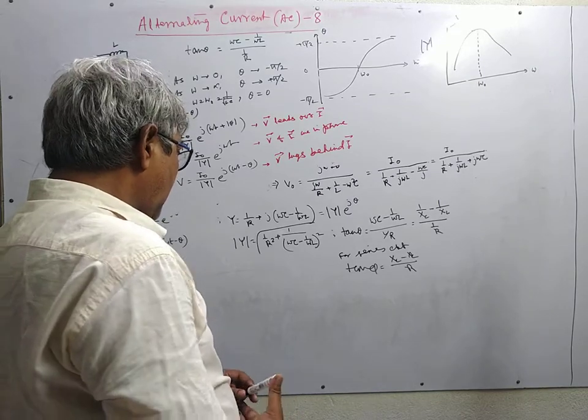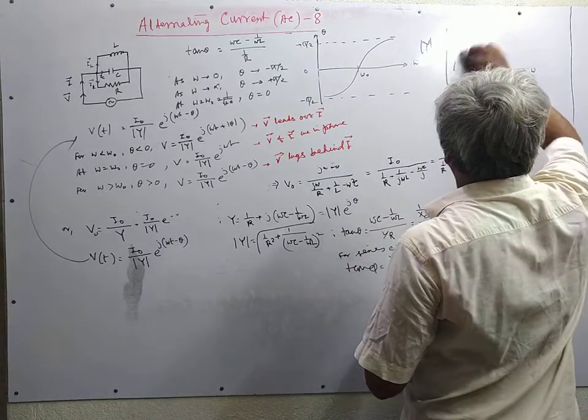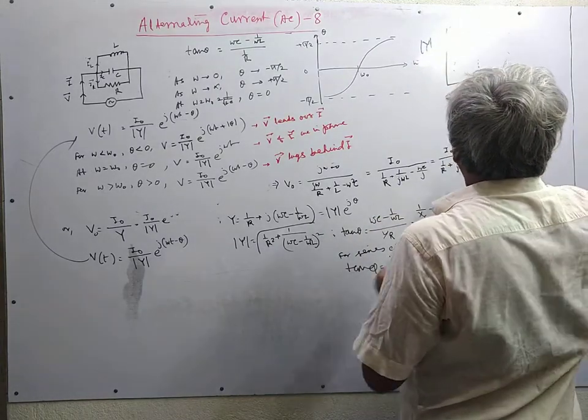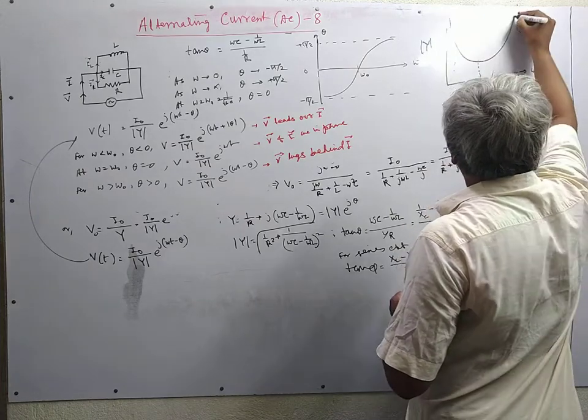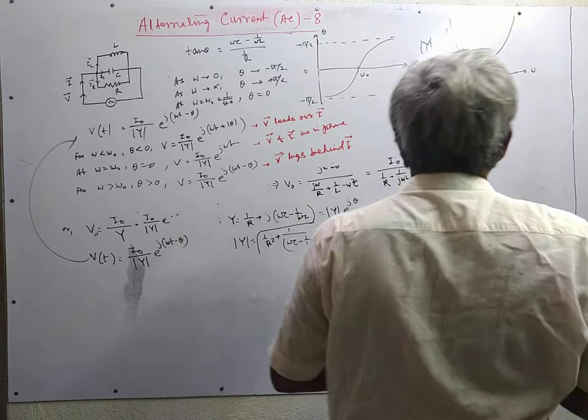Sorry, the curve will have just an opposite trend, and this is 1 by R.